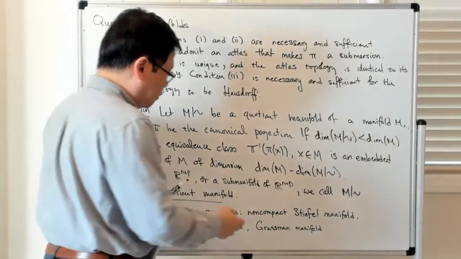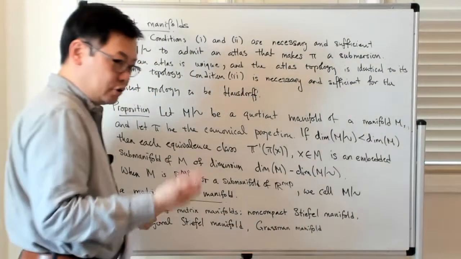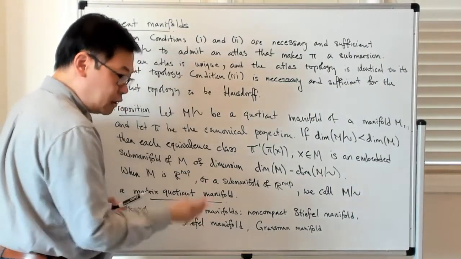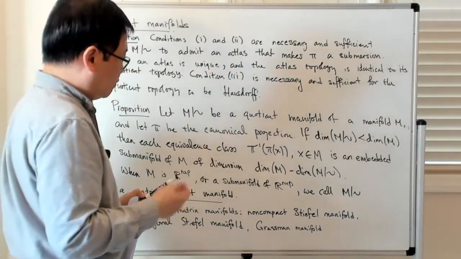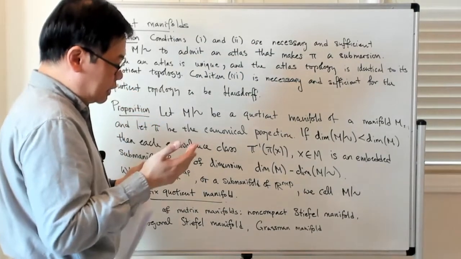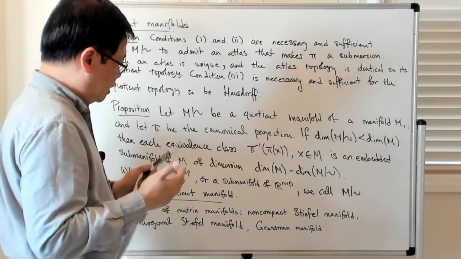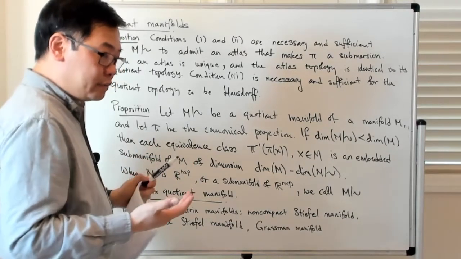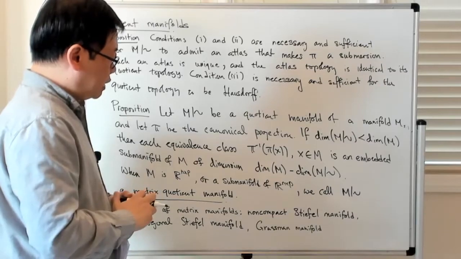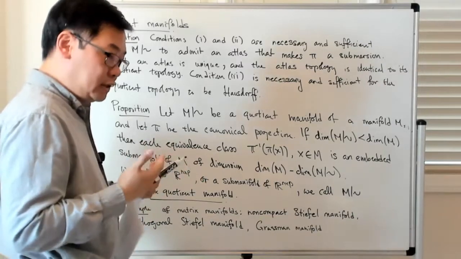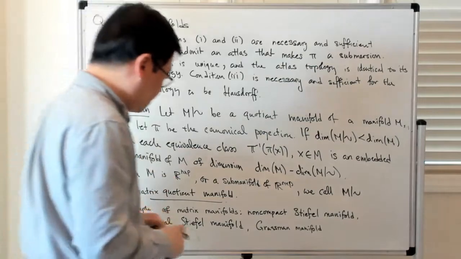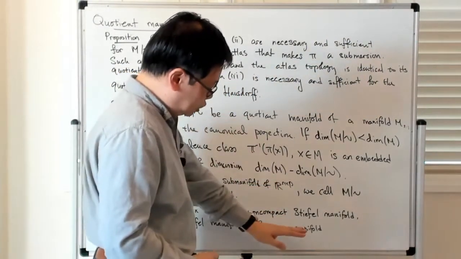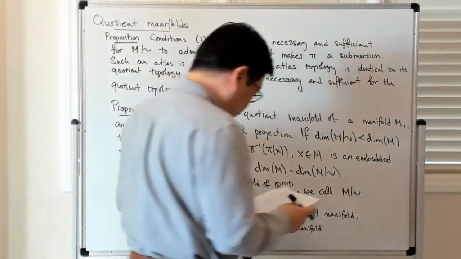So put another way, you can think of the Grassmann manifold as a quotient manifold of the orthogonal Stiefel manifold, where the equivalence relationship says: let's look at this n by p matrix and its column space, and if the column spaces are the same, then the two elements of the orthogonal Stiefel manifold are equivalent to each other. Okay, and if you quotient the orthogonal Stiefel manifold by that equivalence relationship, you get the Grassmann manifold.